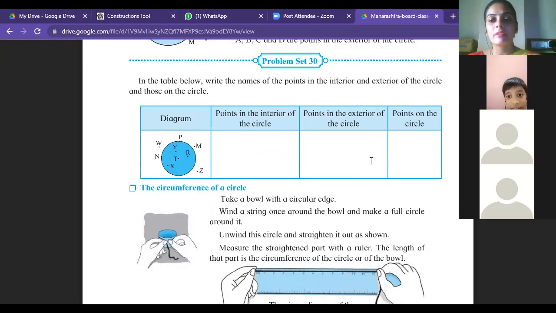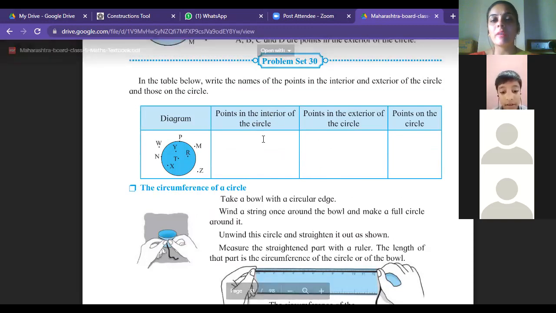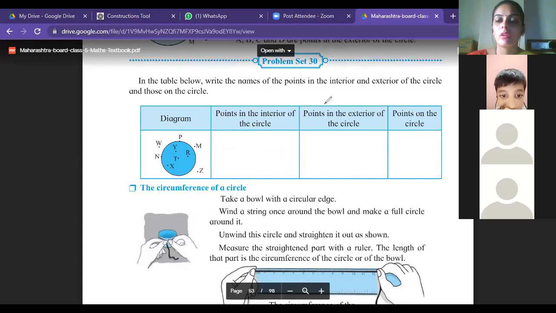Kedar? Nobody is there. Ali, can you tell me your interior points? Yes, teacher. Y, T, X, R.